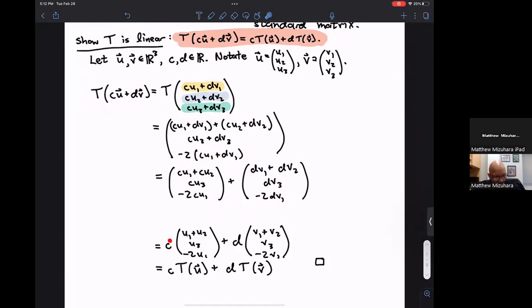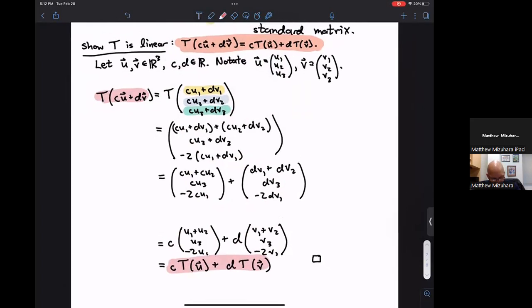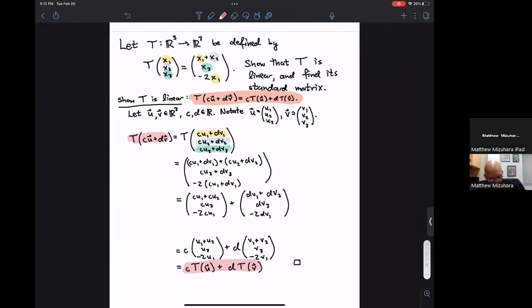When I pulled out the scalars c and d, I was left with exactly T(u) and exactly T(v). So I was able to get from the left to the right, no problem. This convinces me that T is linear. Wonderful.